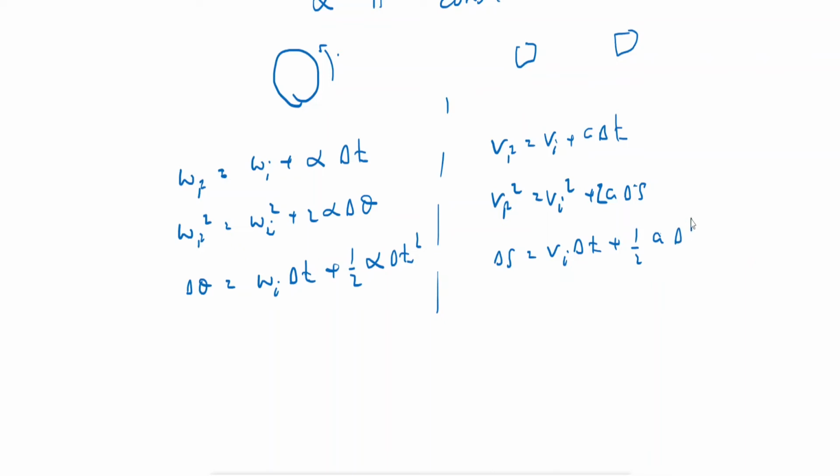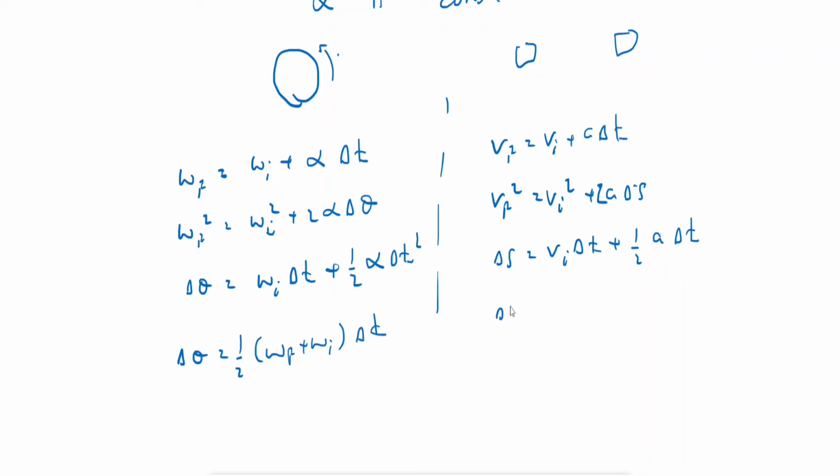a delta t squared. So you can see a and alpha somehow substitute one another in this case. We could also find delta theta by saying it's half the final plus the initial omega multiplied by t.